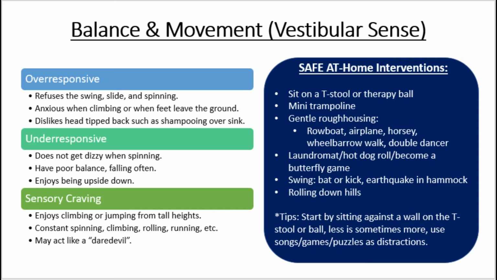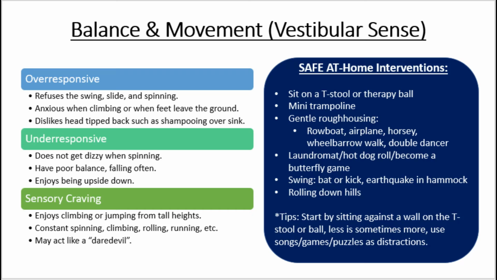Some tips for these activities would be to start by sitting against a wall when you're using the tea stool or ball or any type of seated balance stuff, so that they don't have to worry about balancing themselves too much forward and backward, but only side to side. And once they master that, have them do it both ways.